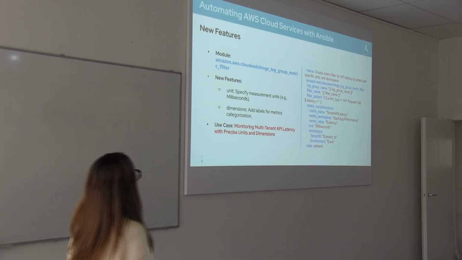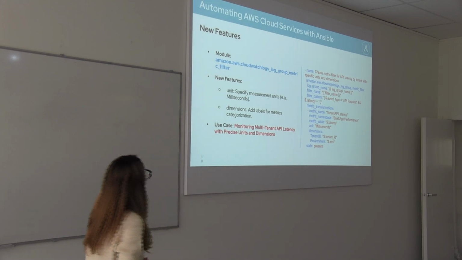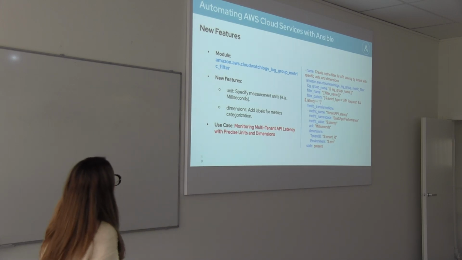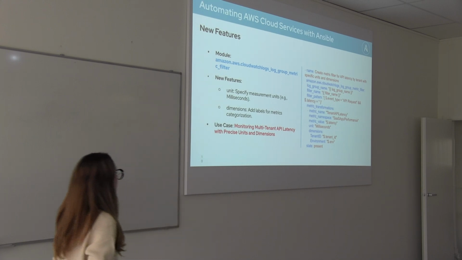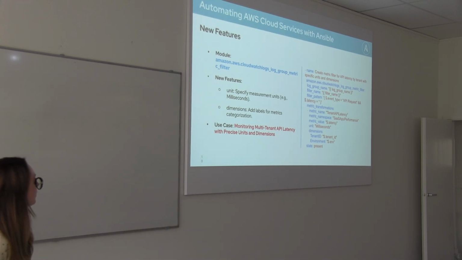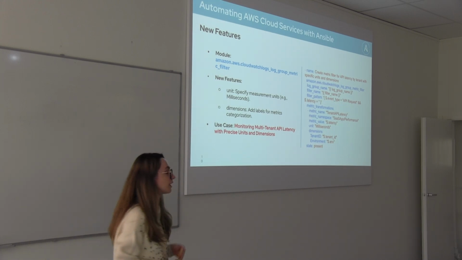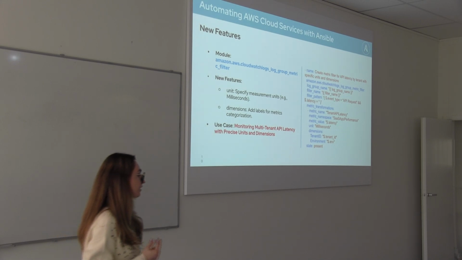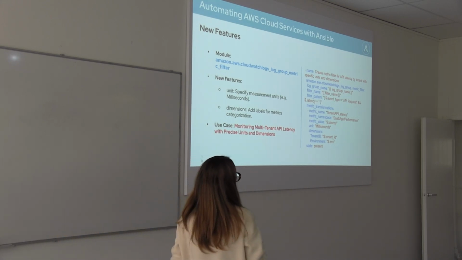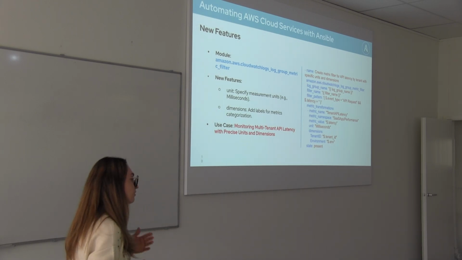And then the last feature is for the CloudWatch Logs log group metric filter module. The module now supports the ability to specify units and dimensions for metrics. These new options are particularly useful when you're working with API latency logs and you want to categorize them, so it allows you to have a more precise analysis of your logs.